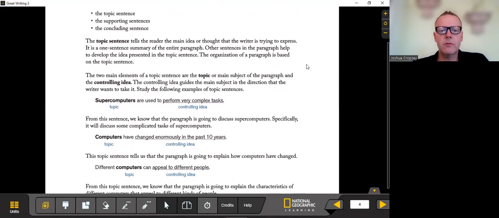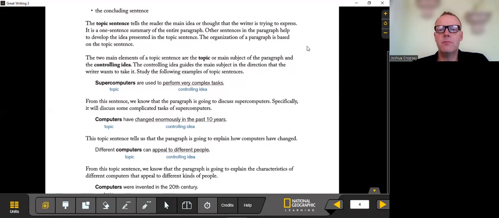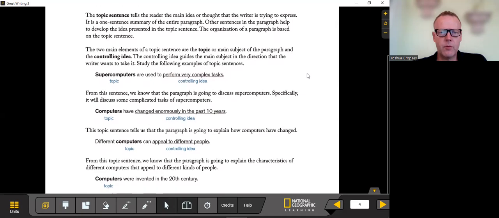The two main elements of a topic sentence are the topic or main subject of the paragraph and the controlling idea. The controlling idea guides the main subject in the direction that the writer wants to take it. Study the following examples of topic sentences.